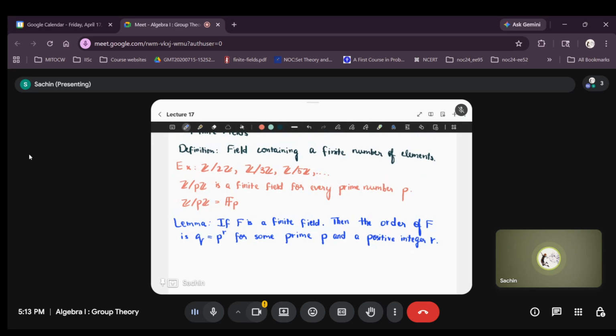There are other ways of constructing fields. Of course this lemma doesn't say it, but if there are other fields other than Z mod pZ, then they must have some power of a prime number of elements. So you can't have a field with 6 elements, because 6 is not a power of any prime.